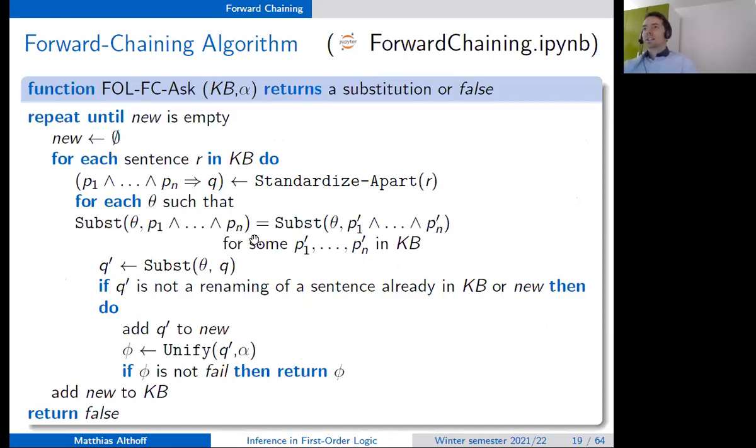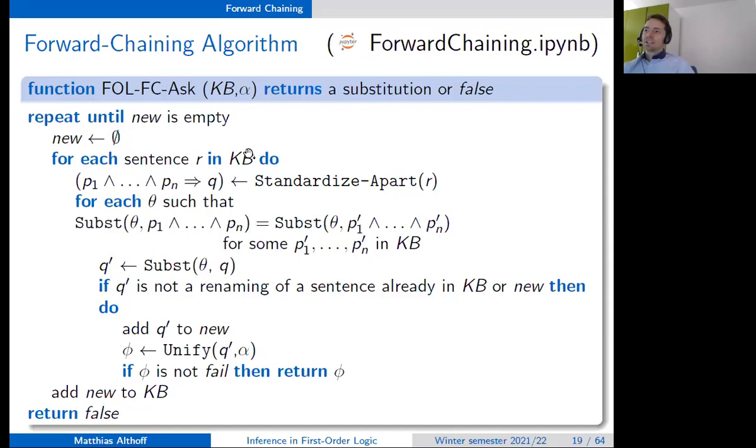Okay, so this is the forward chaining algorithm. It's fairly simple. Initially, the set of new statements is empty, and we repeat forward chaining until new is empty, until we don't find any new statement anymore.